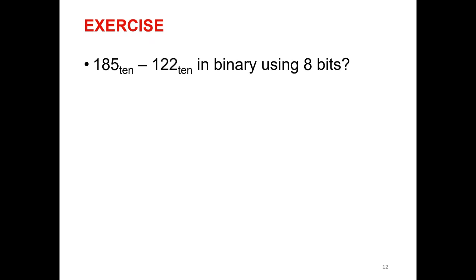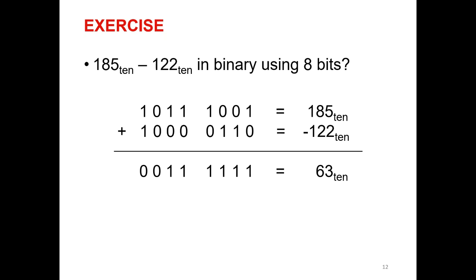So now we are going to try to understand how to perform this operation. What we have done here is convert 185 to binary, then convert 122 to binary, invert the values and add 1, and with that we have the negative value of 122.